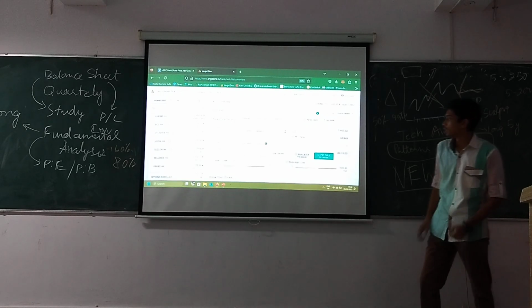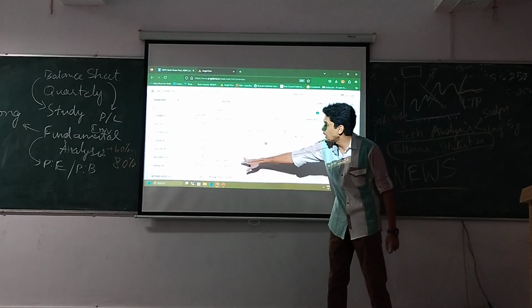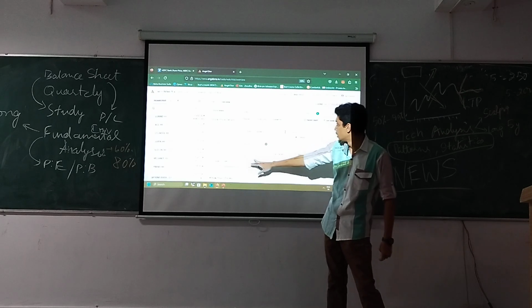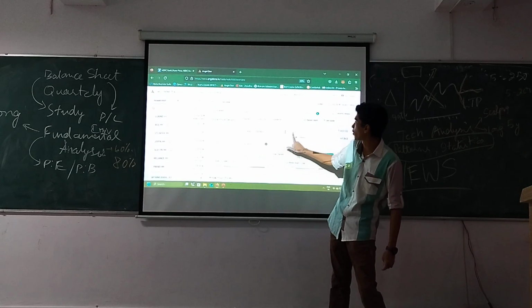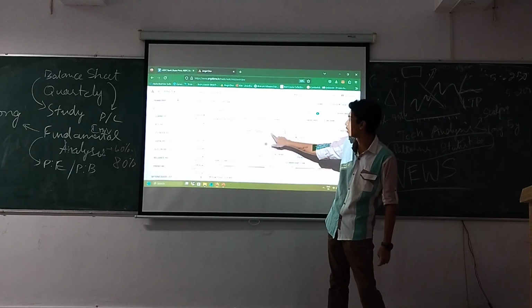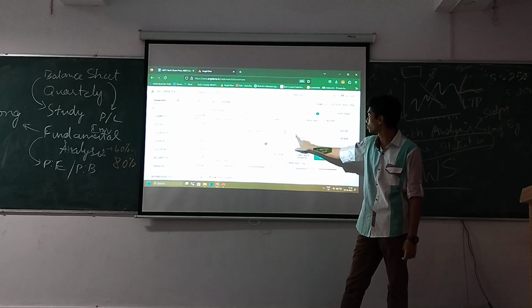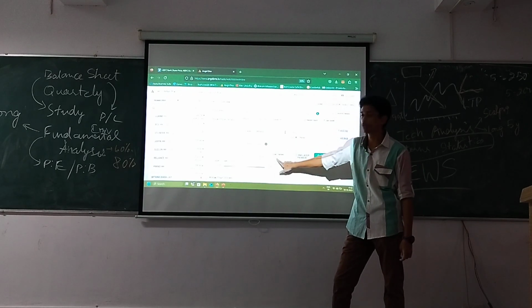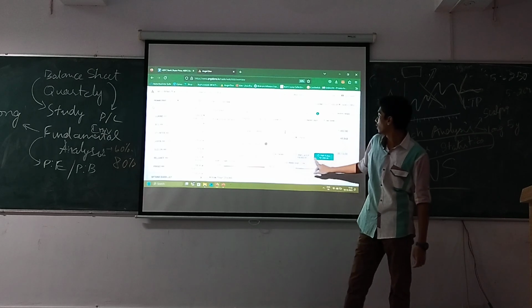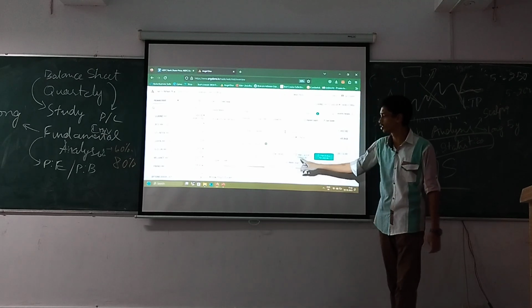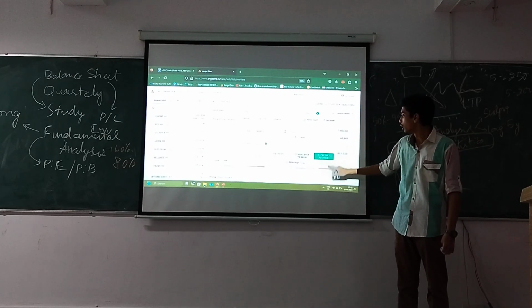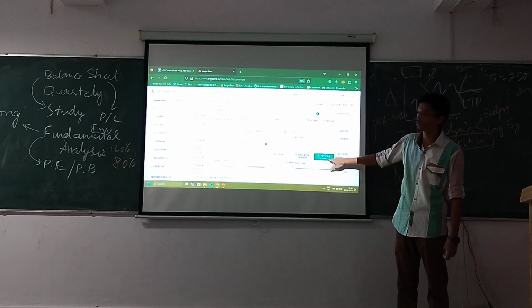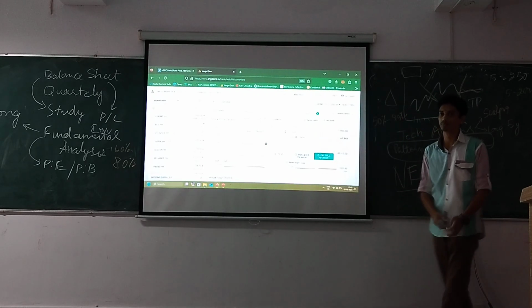This will show you the available funds in your account. This will show you the required funds for placing a buy order of 15 quantity at 1,400 rupees. You need 21,000 in funds. This will be your charges of 25 rupees. And this option is relatively new. You can pay 21,000 and place a buy order now.